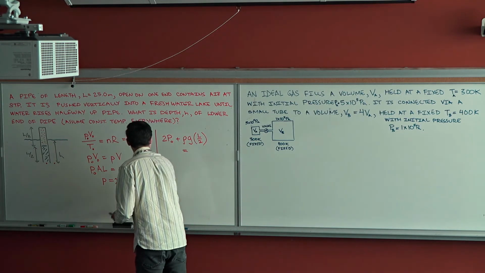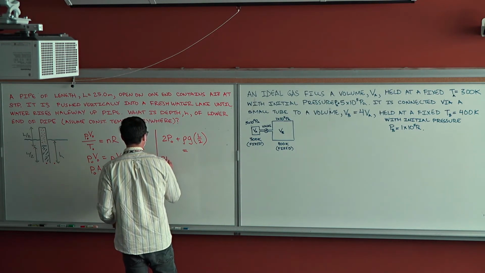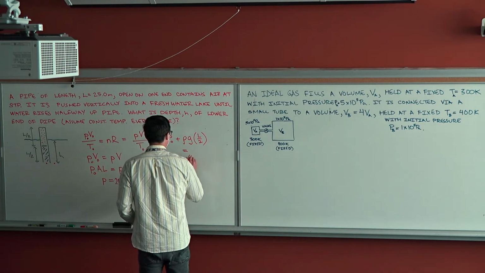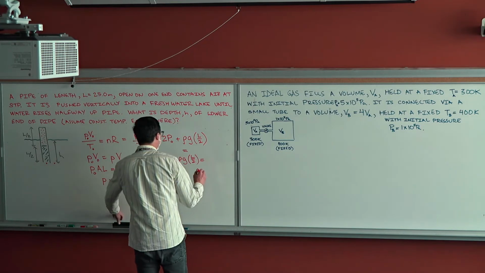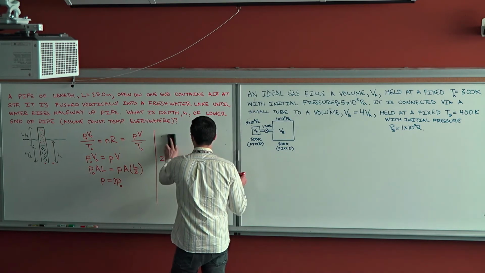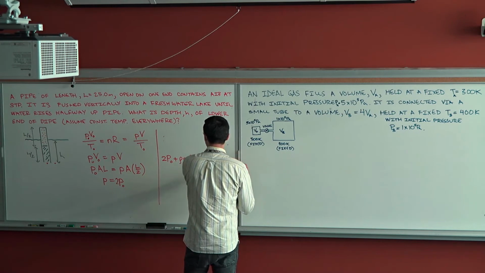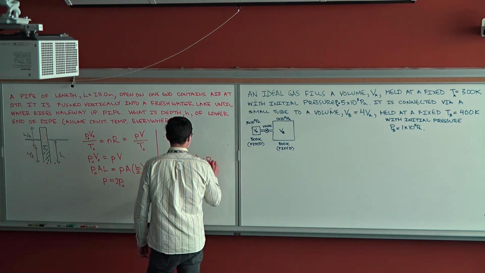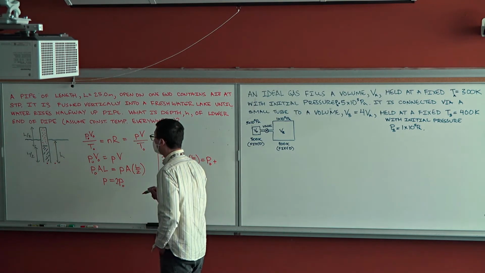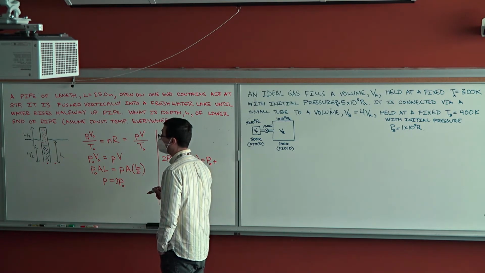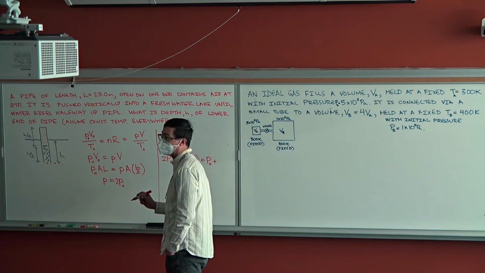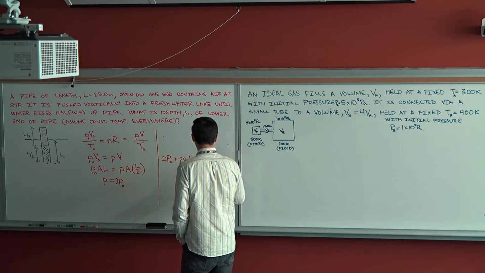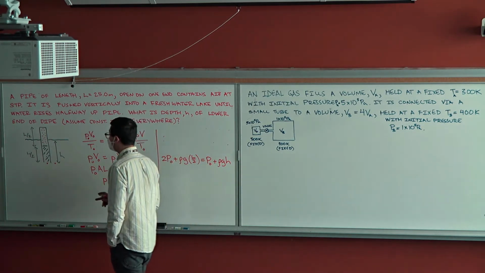So let me write this smaller so that it fits. 2p naught plus rho g L over 2 equals, well, p naught plus rho gh. Okay.